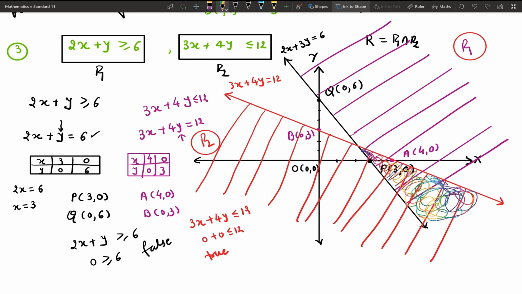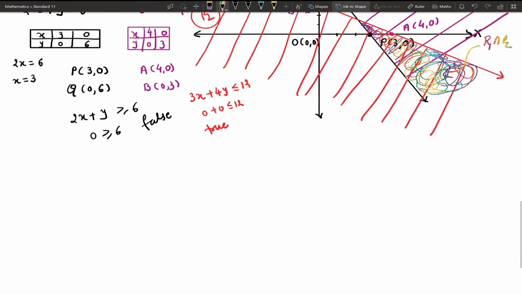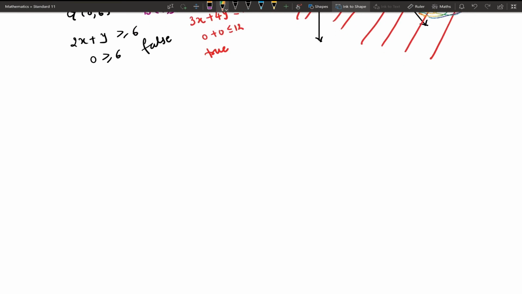This part is our R1 intersection R2, which is the graphically represented solution of the two inequalities 2x plus y greater than or equal to 6 and 3x plus 4y less than or equal to 12. We take one more example, the fourth one.